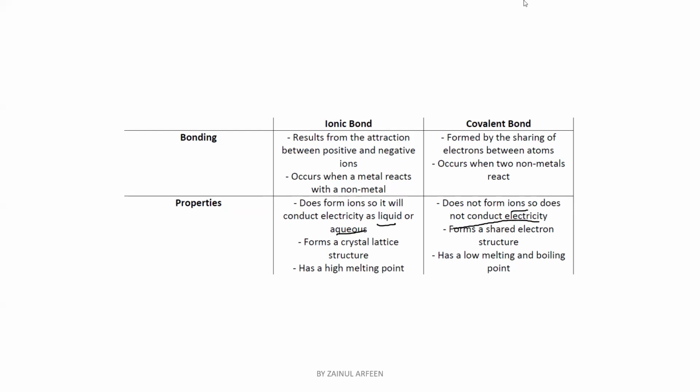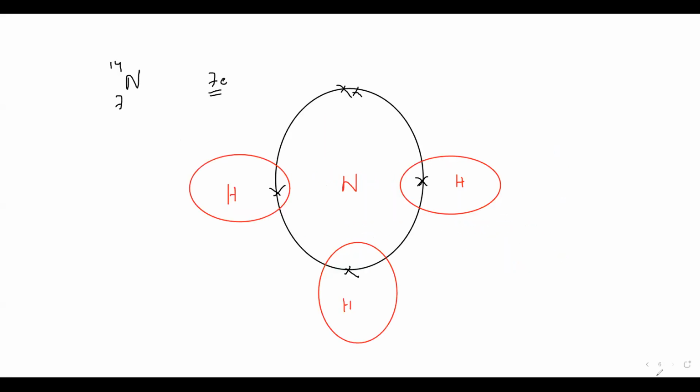So for example, if we have compounds, potassium chloride KCl, and we have hydrogen chloride HCl, or carbon tetrachloride CCl4.